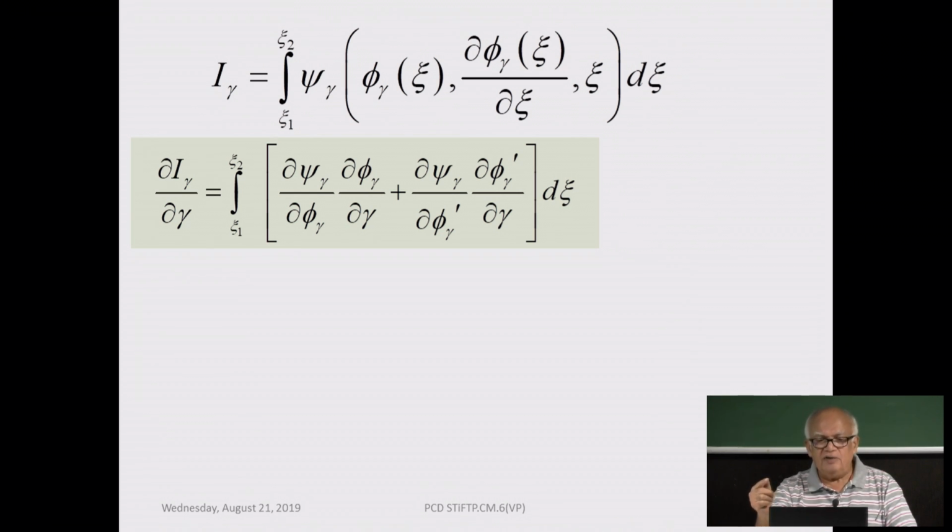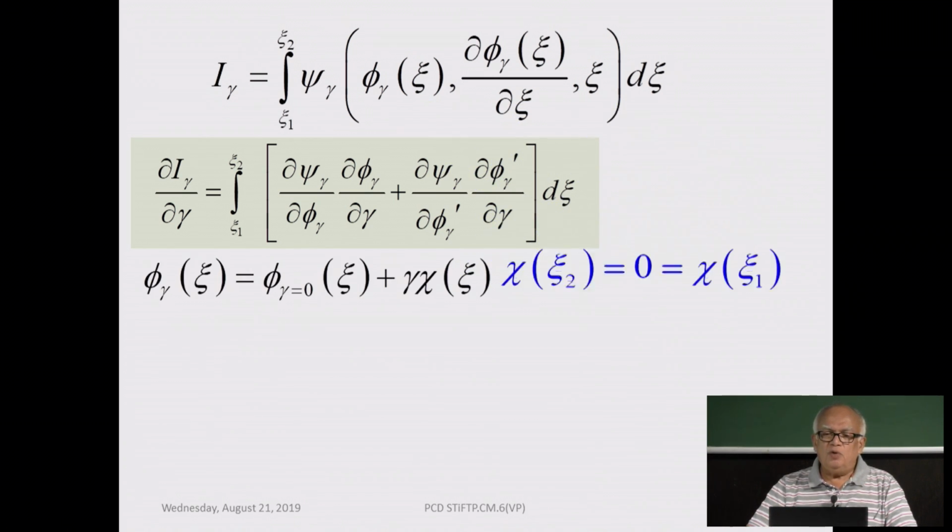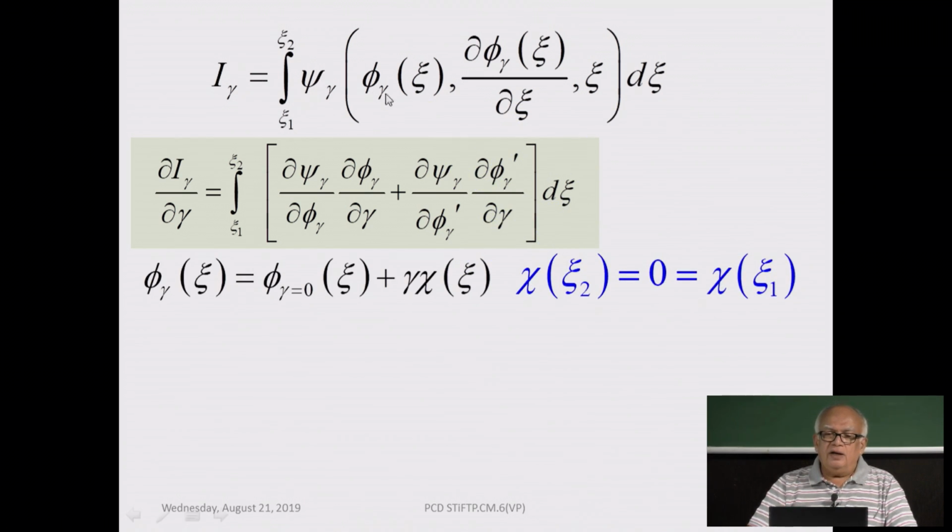So, you find the partial derivative of I with respect to gamma, and notice that you have this term depends on phi gamma. So, the rate at which it changes with xi also depends on gamma, but this is an independent variable, this has nothing to do with gamma.